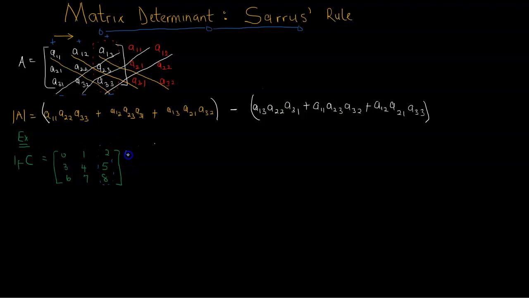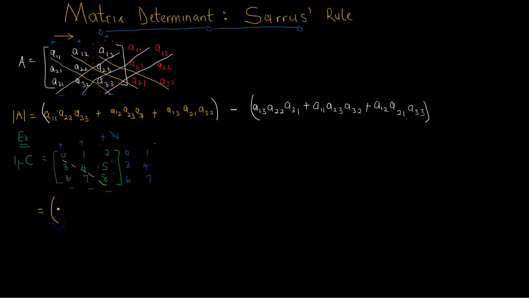So we are going to have 0, 1, 3, 4, and 6, 7. Next, we would have positive, positive, positive, negative, negative, negative. So the positive here is going to move from left to right. The first element here is 0. So if we introduce a diagonal, it's going to catch 0, 4, 8.